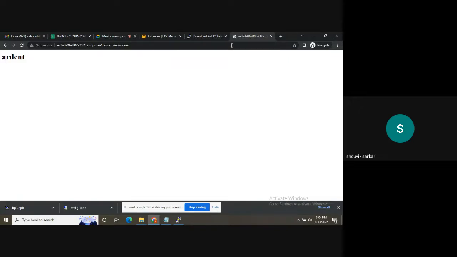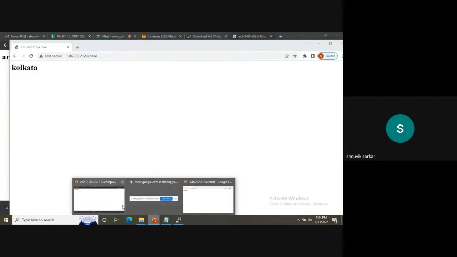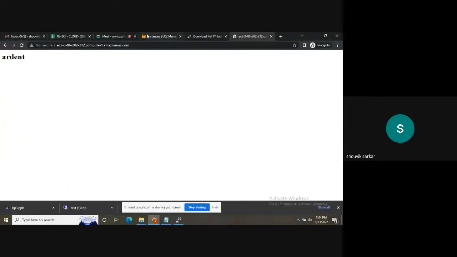Right. But the thing is that this DNS is fine, but it does not look great. So if we want to go with our own DNS domain name like Google or other things, how do we go about it? In this AWS, we have options to provide or purchase a domain name.